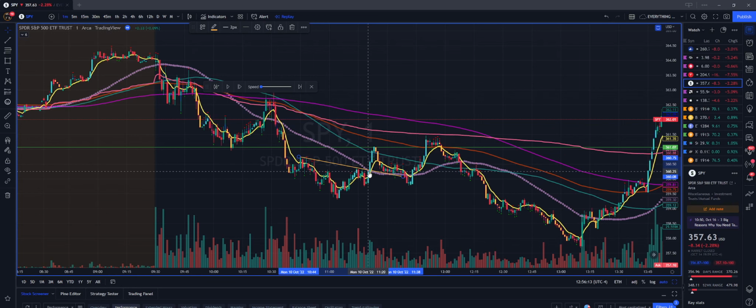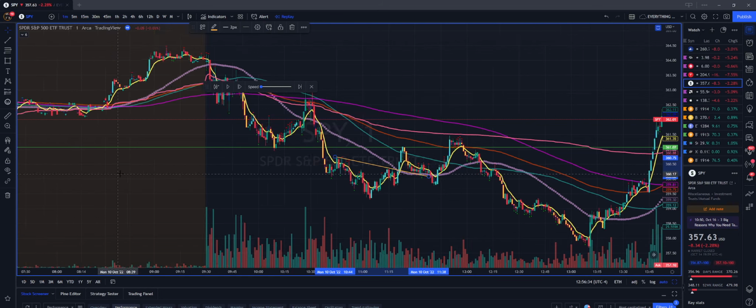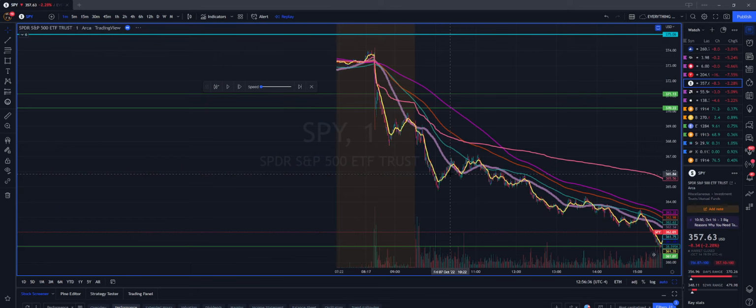Don't wait. Just go in before you break out, and if it doesn't break out, your stop loss is down here. If you wait until you break out, where's your stop loss going to be? It's going to be too high, at this low, and your entry is going to be right here, right? So it's way too high, way too high.